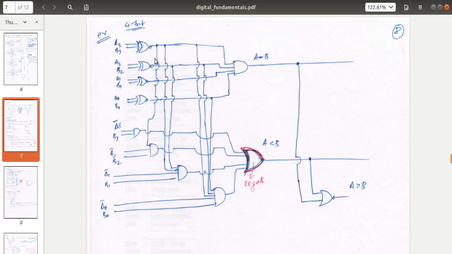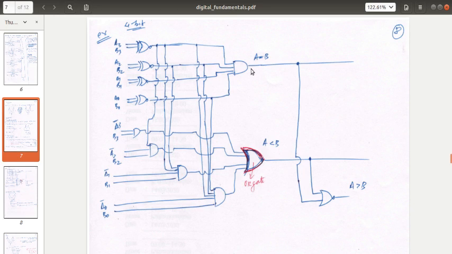So this will be A3 XNOR B3 and A2 bar and B2. So up to here, the equation is A3 bar and B3, or A3 XNOR B3 and A2 bar and B2, right? Similarly, we extend this for all 4 bits. This is an OR gate. So now we have A less than B.